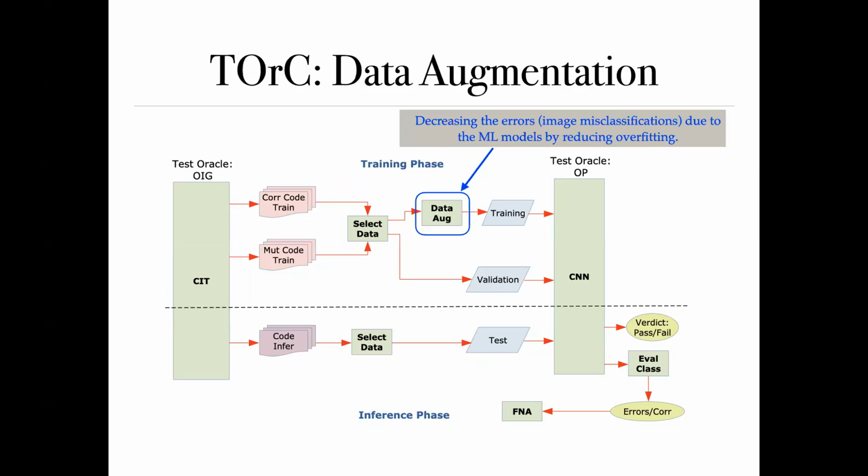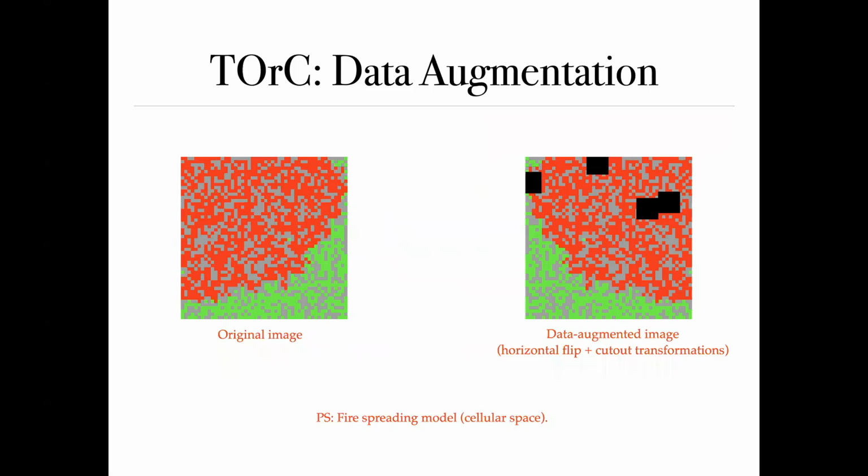Data augmentation is a well-known technique that people use with deep neural networks. The motivation is to decrease image misclassifications by the ML models by reducing overfitting. We do it only for the training set. Here is an example of our original image on the left, and on the right, a data-augmented image with two transformations, horizontal flip plus cutout.